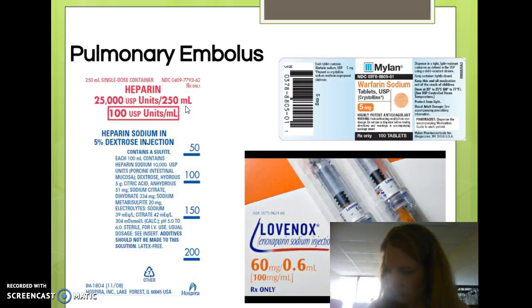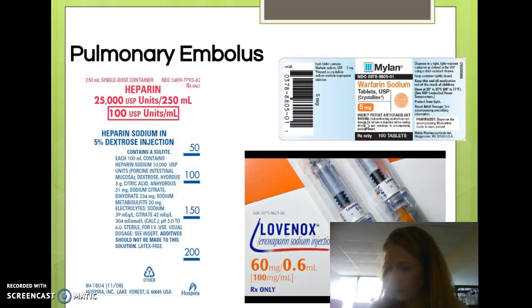When someone's on heparin, we're going to monitor a lab called the PTT, and we want to maintain a PTT, which is a time frame, of 1.5 to 2.5 times the normal. So we want this patient's blood to take twice as long as a normal person's blood to clot. And then we can also start them on oral anticoagulants, warfarin or Coumadin.